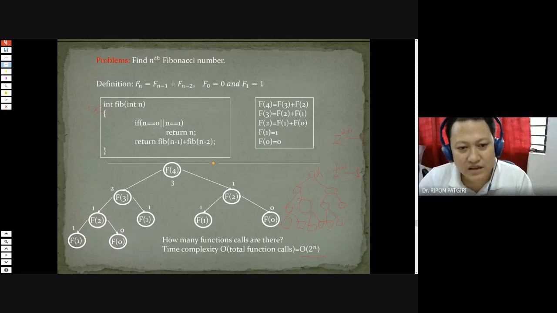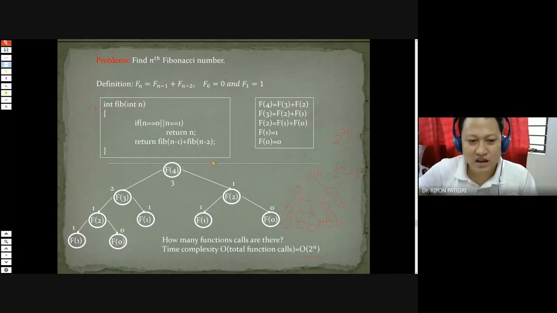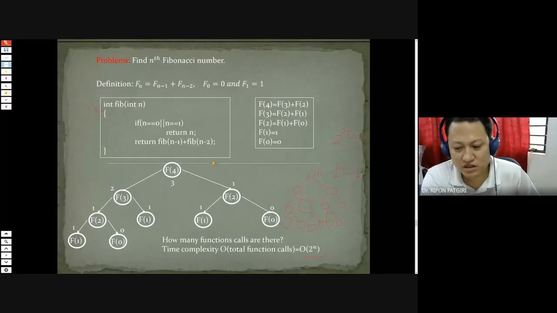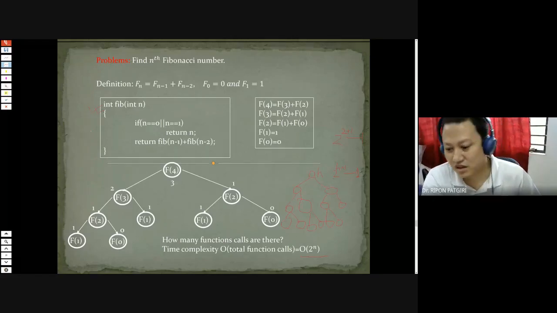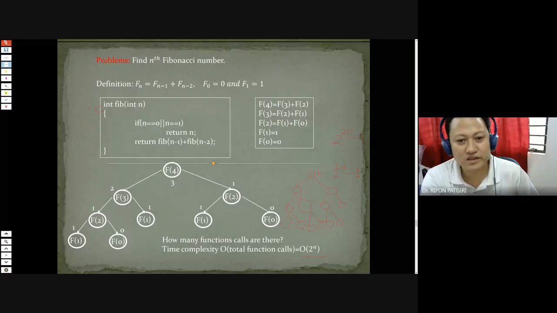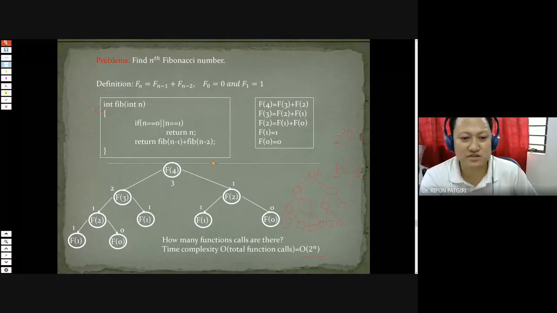If you write this in an interview to find the nth Fibonacci number, and I am the interviewer and you are the interviewee, then I will not hire you, because it will give 2 to the power n function calls. For the 300th Fibonacci number, it will take almost 2 to the power 300 steps, and it will hang your computer.